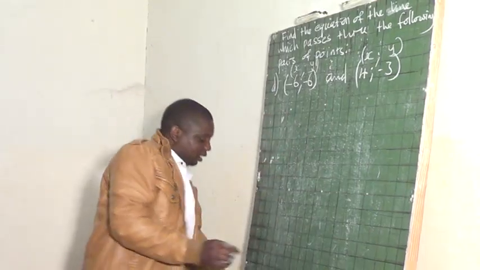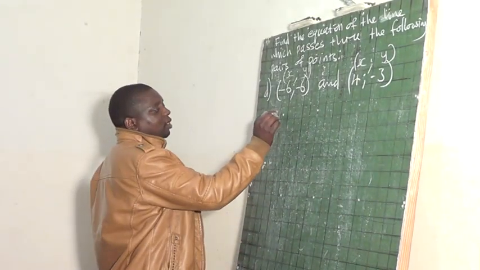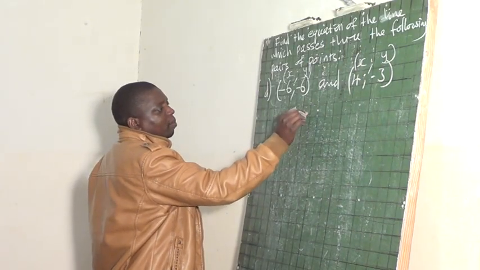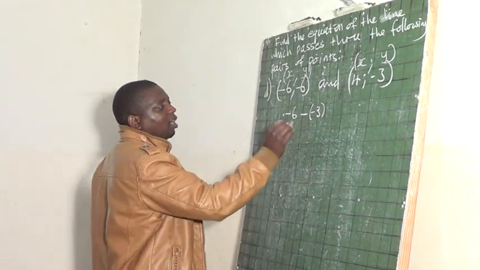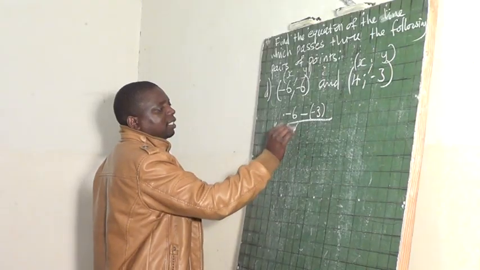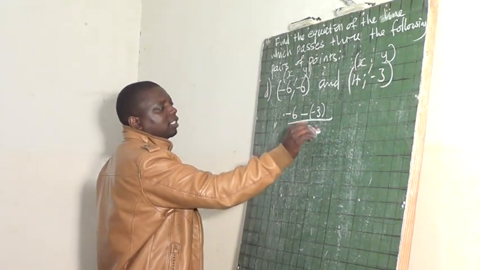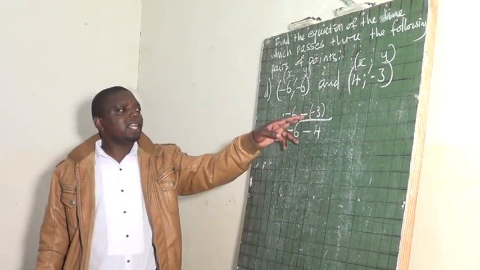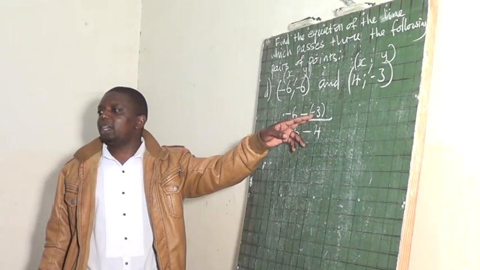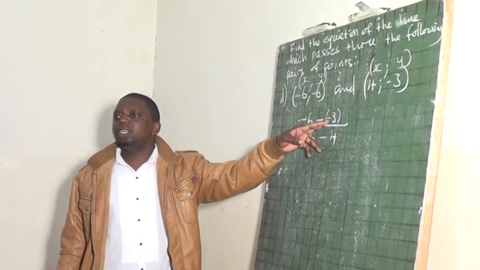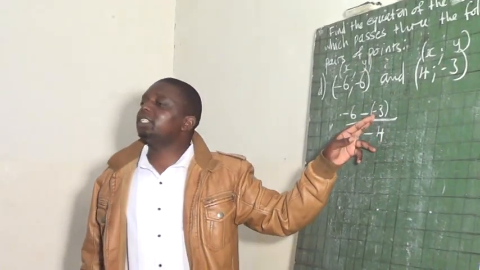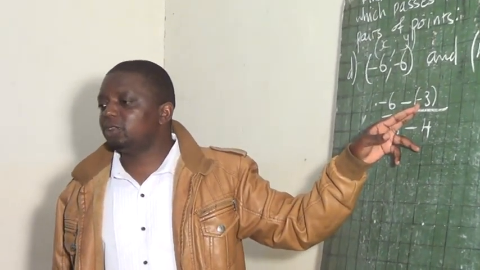How? Difference in y coordinates over difference in x coordinates. Thus, difference in y coordinates, minus 6 minus minus 3, over minus 6 minus 4 altogether. Right, minus in bracket minus will give us plus, which brings us to the fact that subtracting a negative is the same as what?